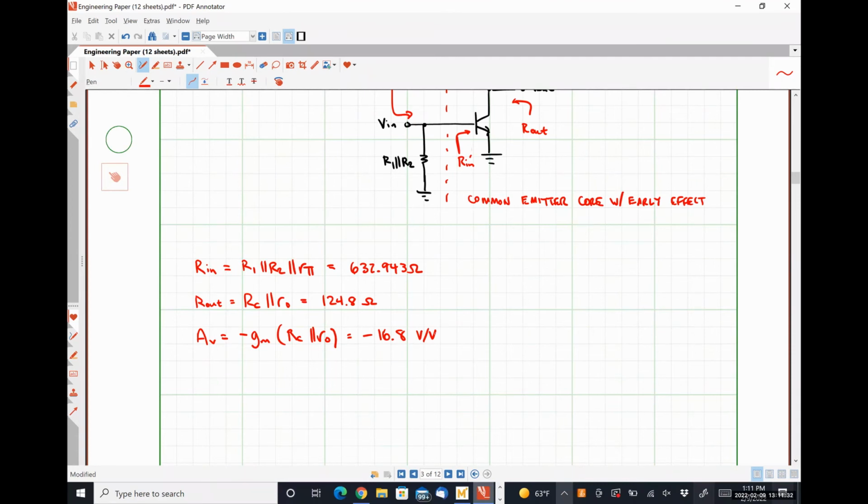What is the effect of R1 and R2 in parallel on the gain? Okay. What is the transfer function? Let me draw this in a different way.